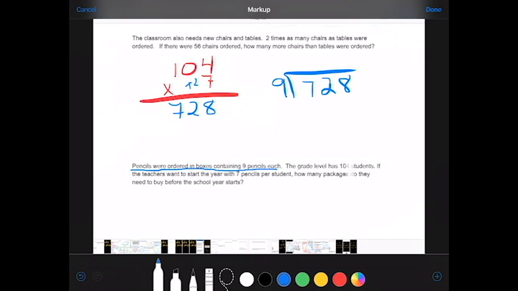So 7 divided by 9 doesn't work. That would be a 0, because if I have 7 things and I want to split it amongst 9 people, nobody can have a whole thing. So then I look at the 72 instead. 72 divided by 9 is 8, because 8 times 9 equals 72.